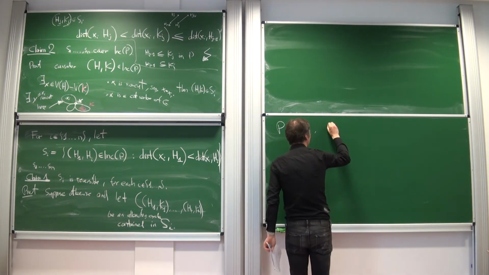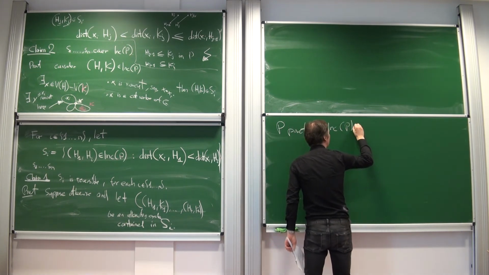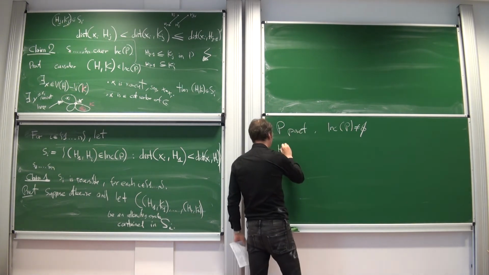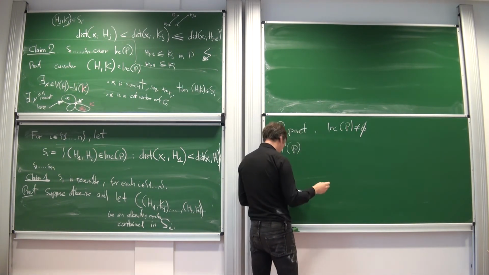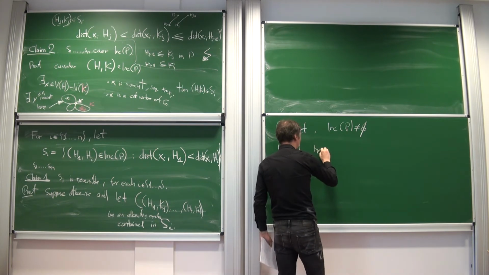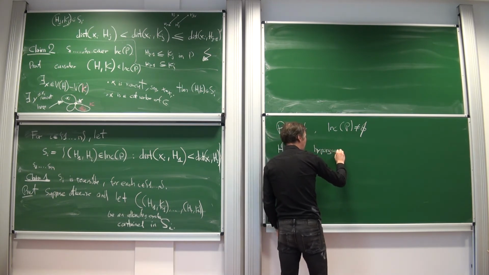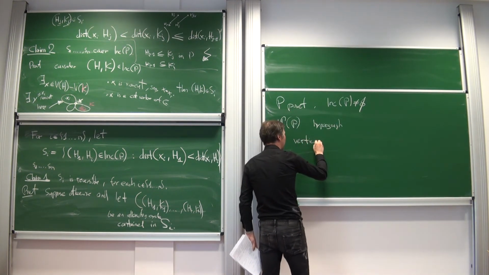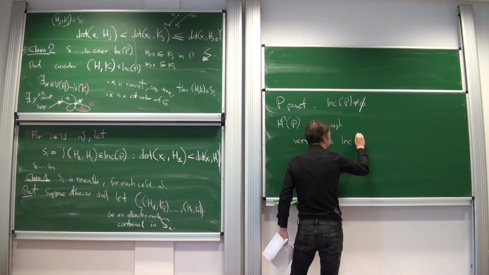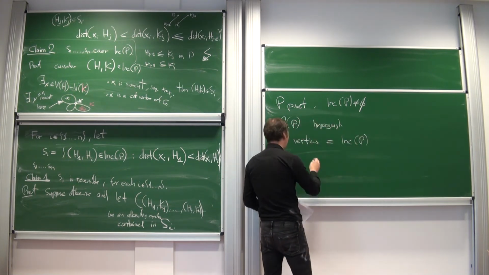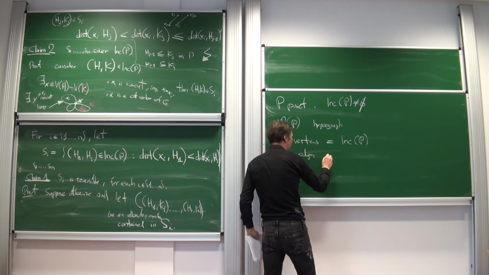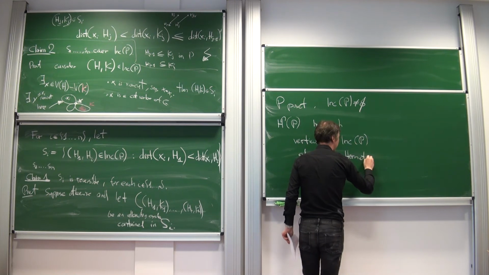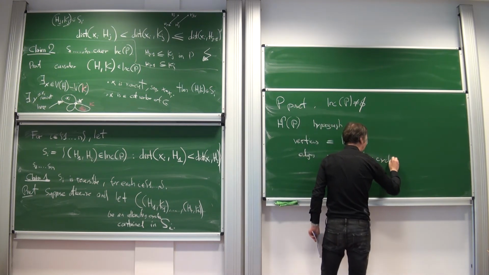The poset is not a chain, so we have incomparable pairs. And now let's put a hypergraph on this poset. The vertices of the hypergraph, I want them to be incomparable pairs of our poset. And now edges of our hypergraph, I want them to be alternating cycles.